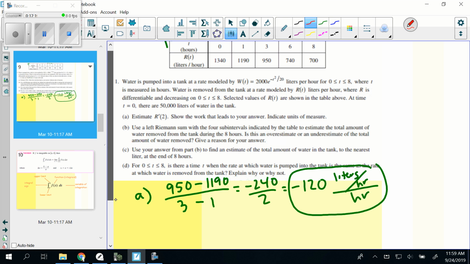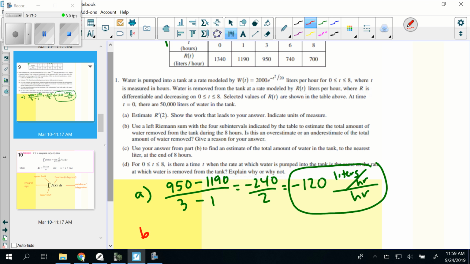We want to be able to come up with an estimate of how much is being taken out. The amount removed would be the number of liters. Since this is liters per hour, if we do an integral, it's going to give us just the number of liters. All right, so we want to do a Riemann sum with 4 subintervals using left.